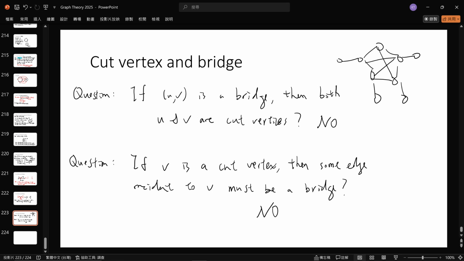In this graph, this is a bridge, but this time U is not a cut vertex, because after you remove U from the graph it is still connected. So the answer is no.